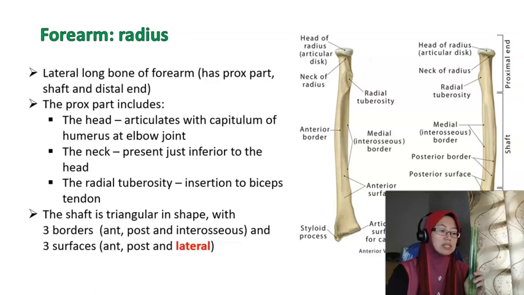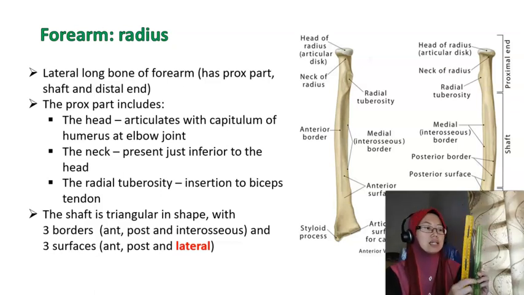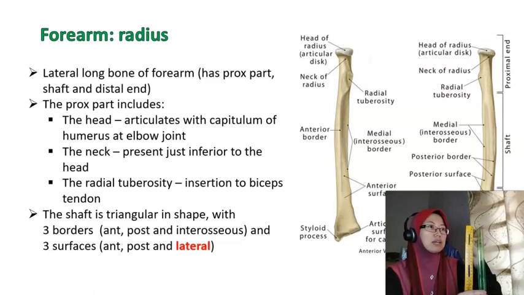Interosseous border means, this is radius and this is ulna, radius, ulna, lateral, medial. This is where the interosseous membrane is located, between radius and ulna. So the interosseous border is the medial side of radius.